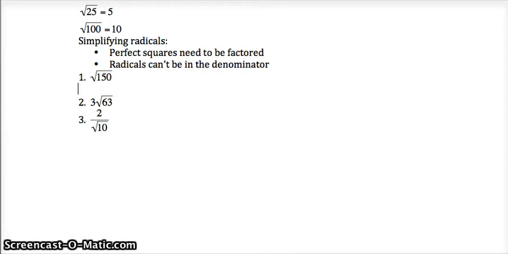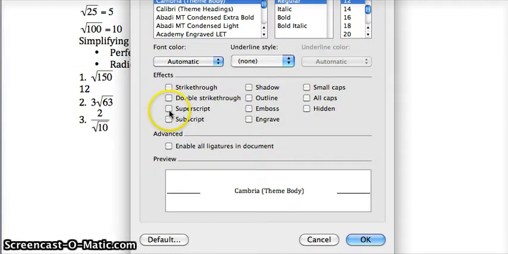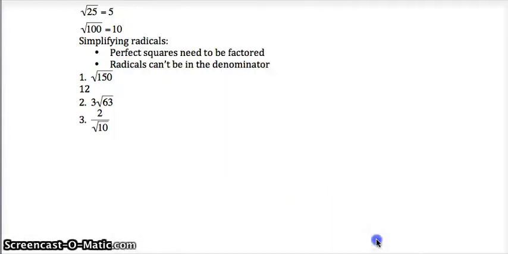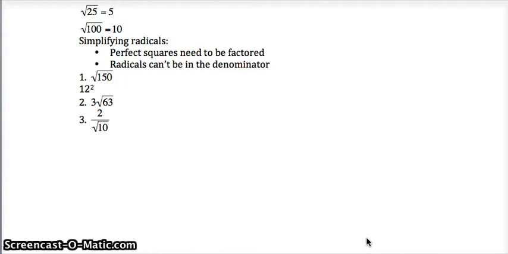We know that 12 squared, hold on a second, 12 squared is equal to 144. 13 squared is equal to 169.